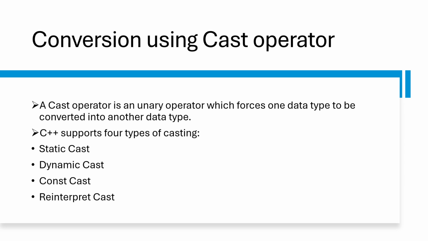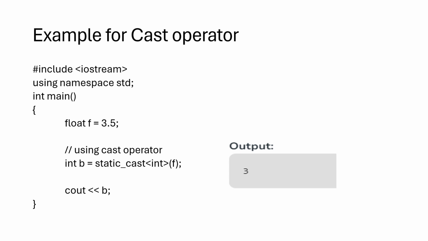Another method is the cast operator. The cast operator is a unary operator which converts one data type to another data type. There are four types of cast operator we can use: static, dynamic, const, and reinterpret. Here we are going to use just one. We declare float f equal to 3.5.